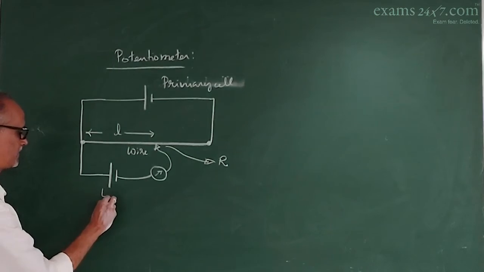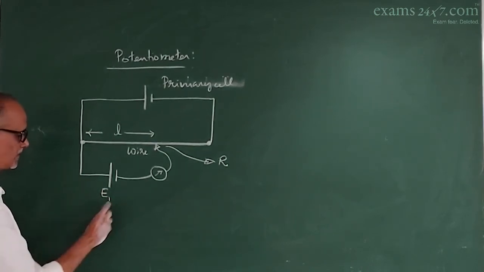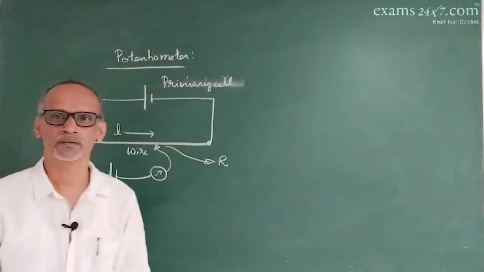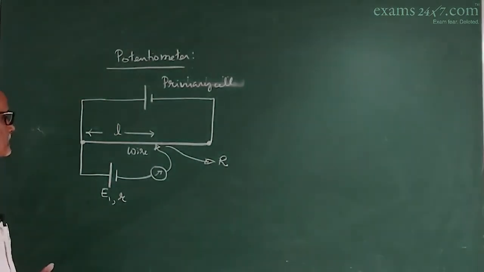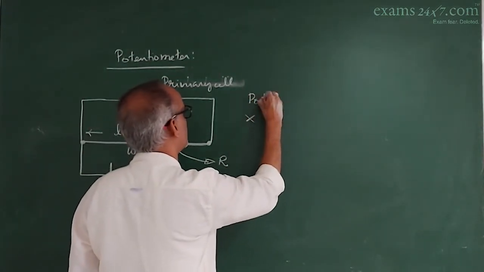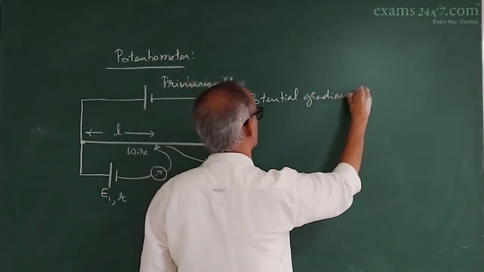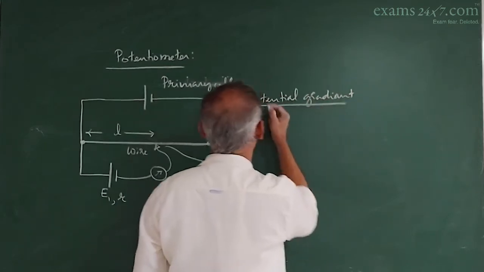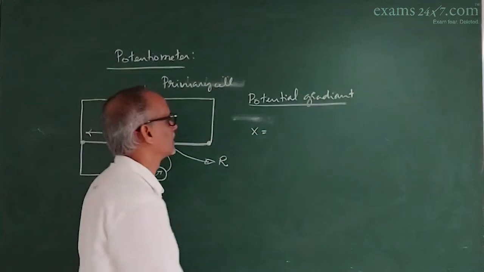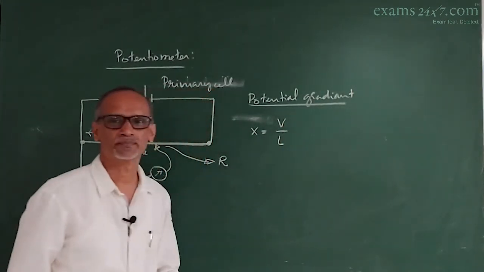Now, if E1 is the EMF of this cell and r is the internal resistance that is to be measured, then we measure what we call potential gradient. So how to measure the potential gradient? The potential gradient is nothing but the potential difference per unit length.